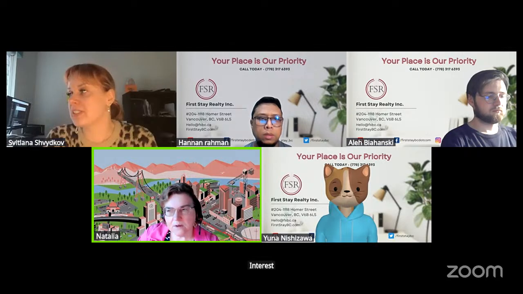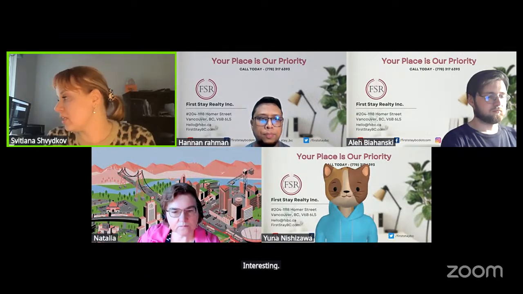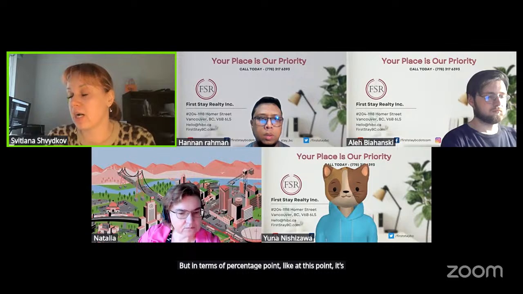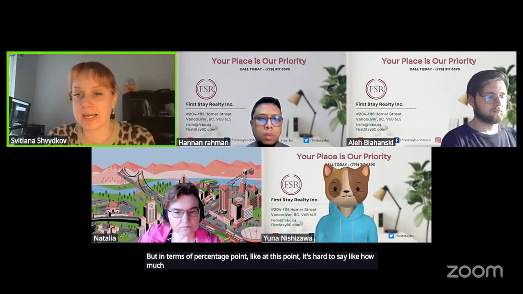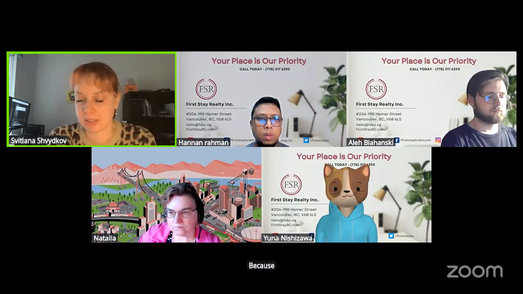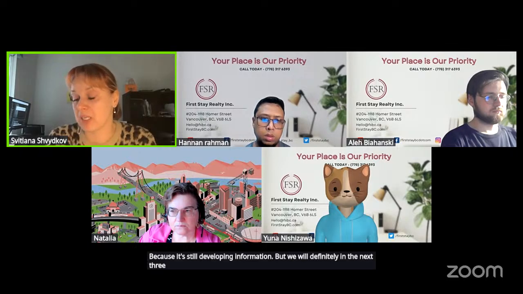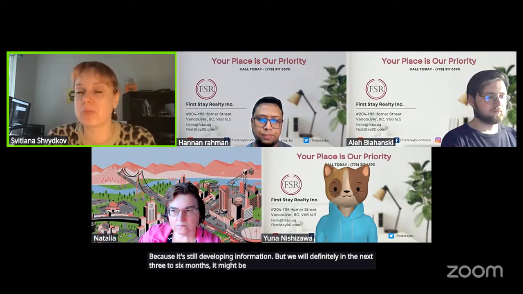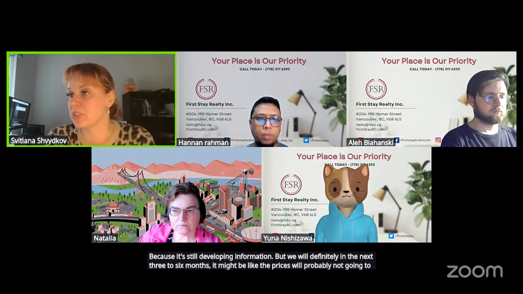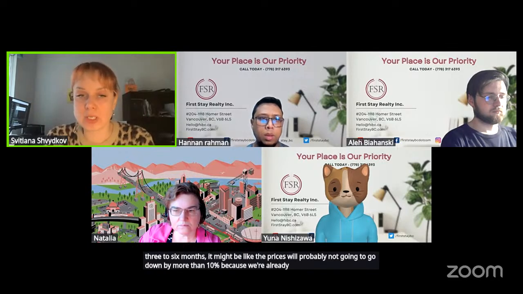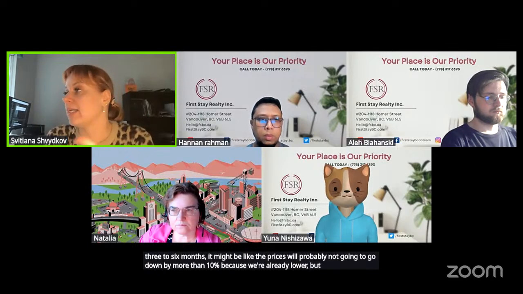Interesting. But in terms of percentage points, at this point it's hard to say how much damage there will be because the information is still developing. But in the next 3 to 6 months, prices will probably not go down by more than 10% because we're already lower, but delinquencies might increase.